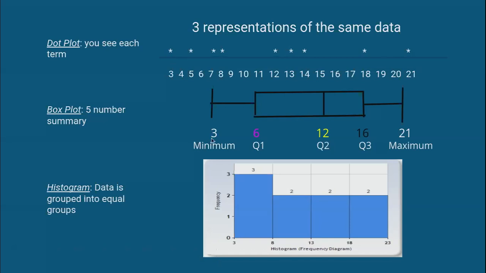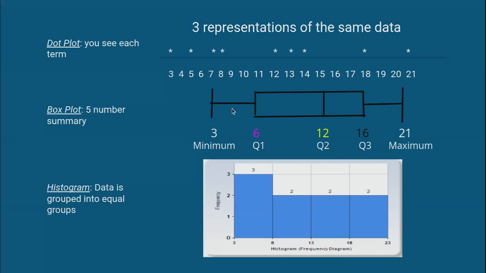You can find out the range of the data because you have the maximum and the minimum. You can say that 50% of the data, which falls in this box, is between 6 and 16. And you can also find, this is called the interquartile range. So you can also find the range of that 50% of the data.